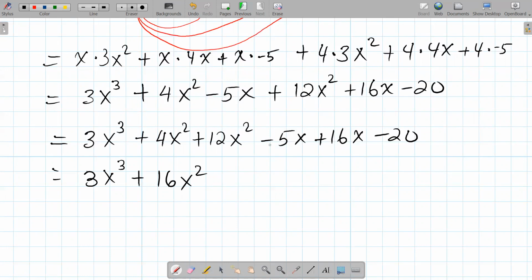Over here, I have negative 5 plus 16. Negative 5 plus 16 is going to give you positive 11. Positive 11, and I maintain the x. And then minus my 20. And I'm done.